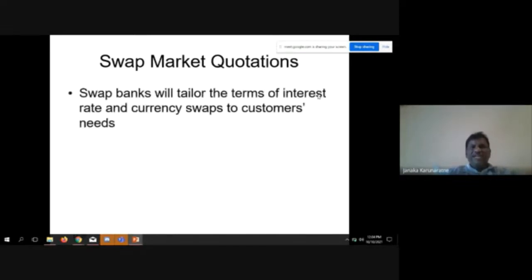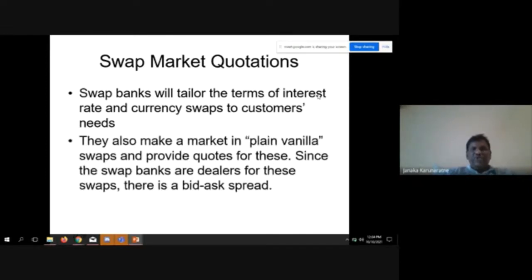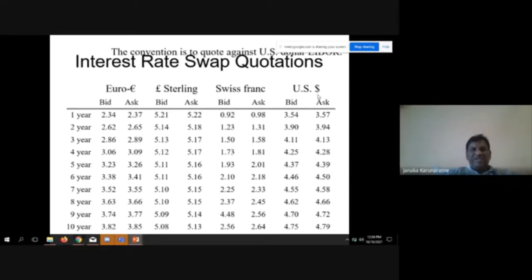Now, swap banks will tailor the terms of interest rate and currency swaps to customers' needs. They also make a market in plain vanilla swaps and provide quotes for these. Since the swap banks are dealers for these swaps, there's a bid-ask spread.